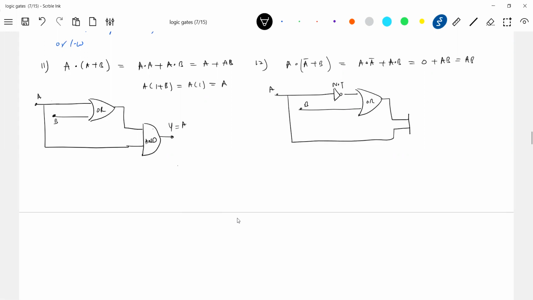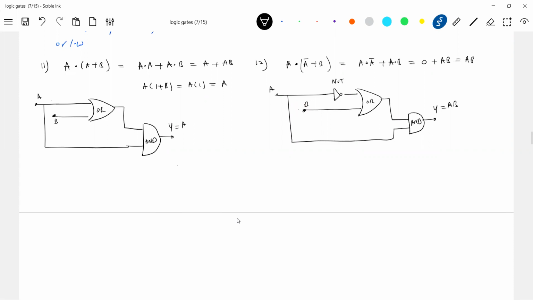I think slowly by this time everyone is able to understand how to draw the circuit. Looking at this dot, plus, negation, there's a method of drawing the circuit. So any equation if they give, you should know how to draw the circuit. Or if they give the circuit diagram, you should know how to draw the equation. Okay, this is the 12th one.